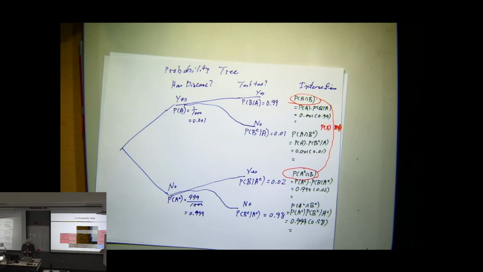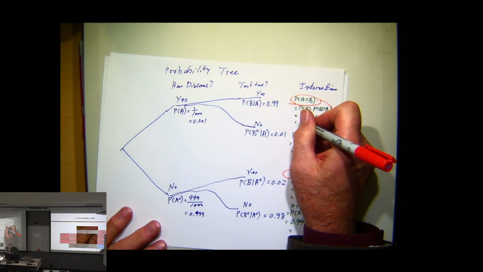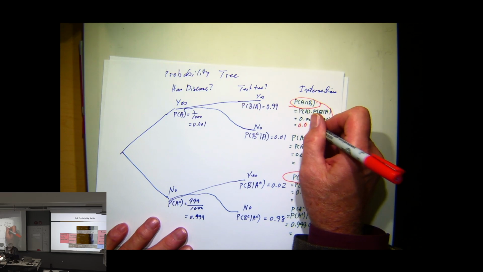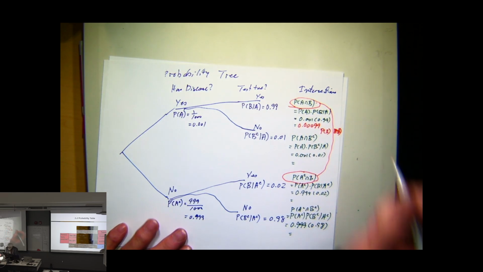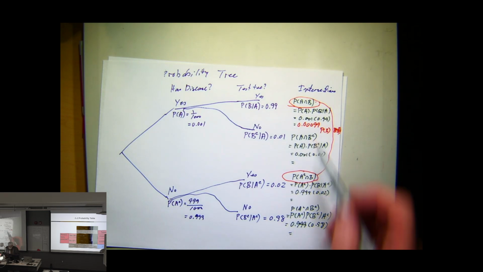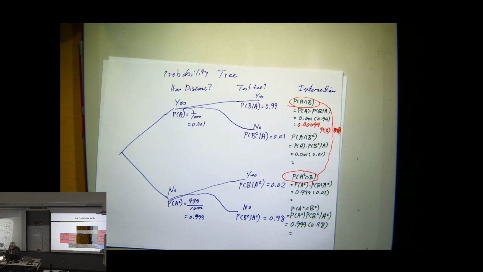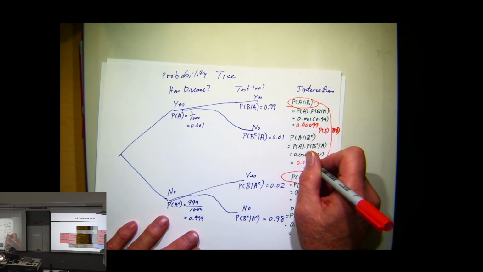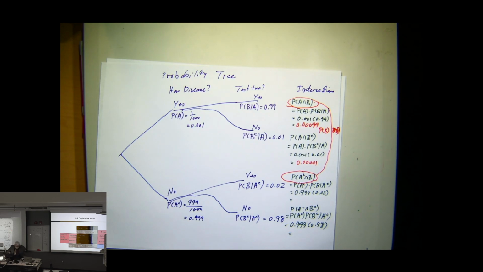So let's take a look at what those probabilities actually are. So here's everything calculated out, and I'm going to just fill these in here. This was 0.00099, and let's see. I want A intersect B complement. Oh, that is such a tiny, tiny little number. 0.00001. Four zeros.